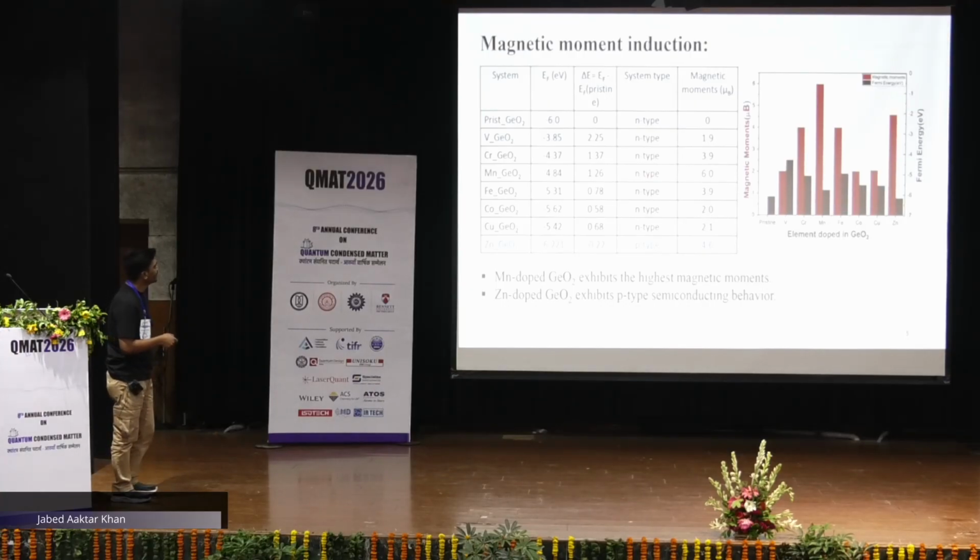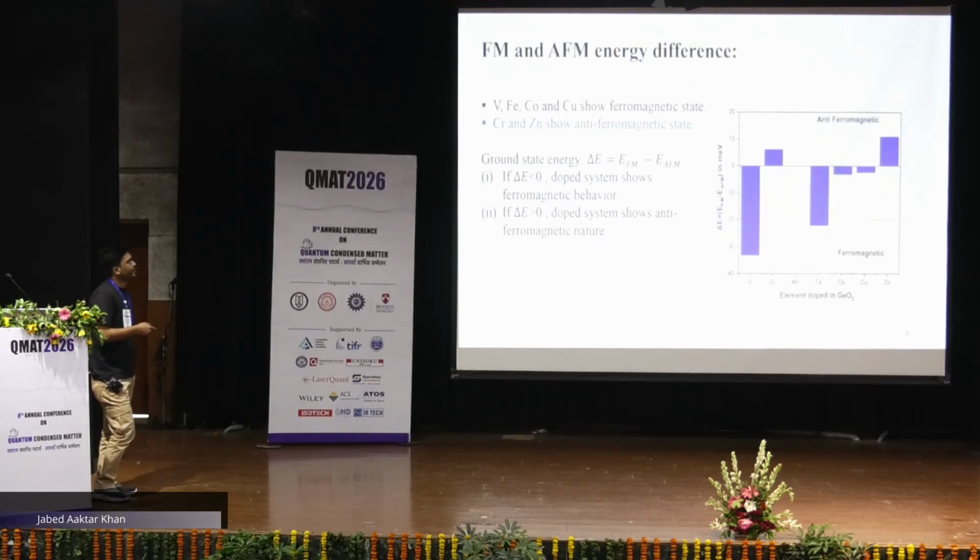And interestingly, we see that the Fermi energy shifts towards the conduction band in all the doped systems, making them N-type semiconductors. But in case of the zinc doped system, the Fermi energy shifts towards the valence band, making it a P-type semiconductor.